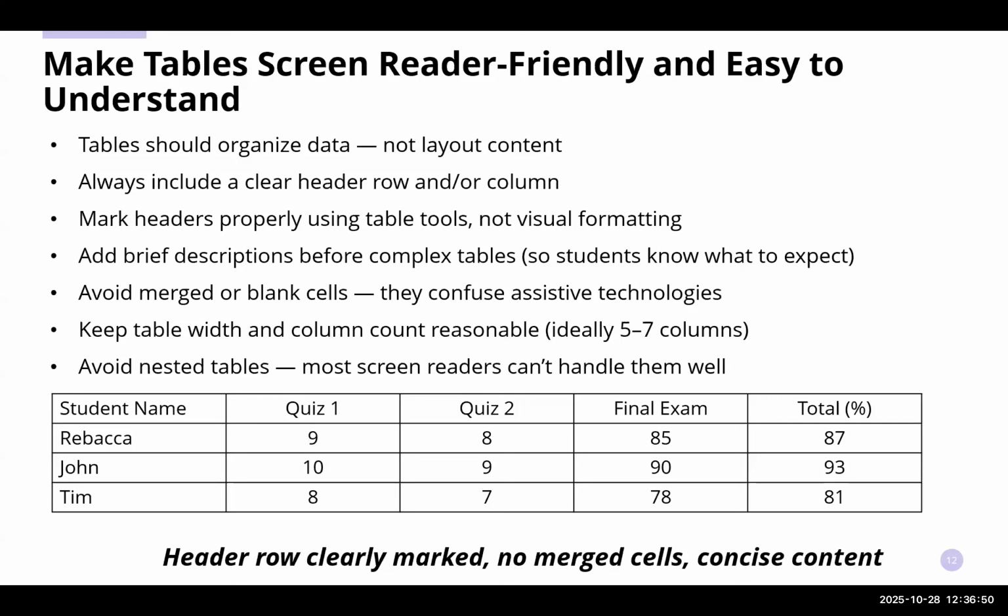When you design tables thoughtfully and tag them correctly, they stop being confusing blocks of data and become powerful tools that are easy to read, navigate, and understand for every student in your class. Next slide, please.